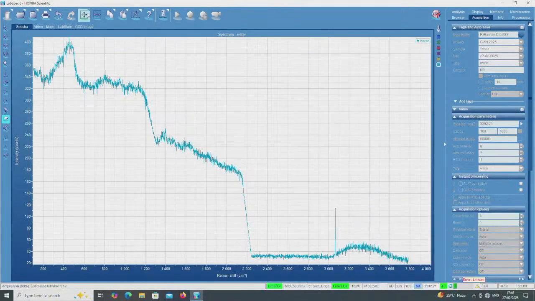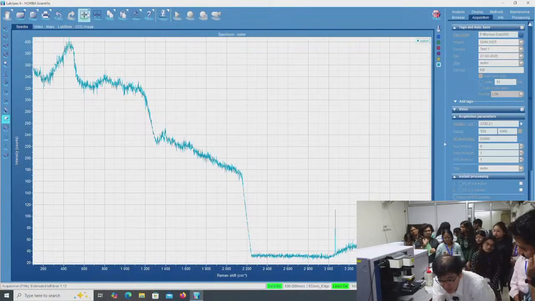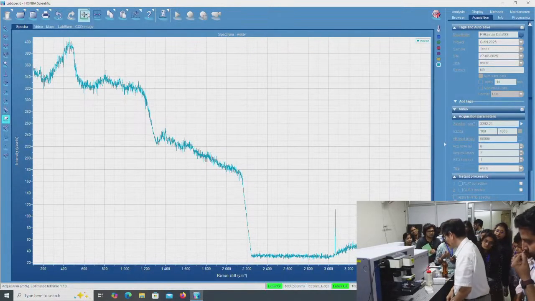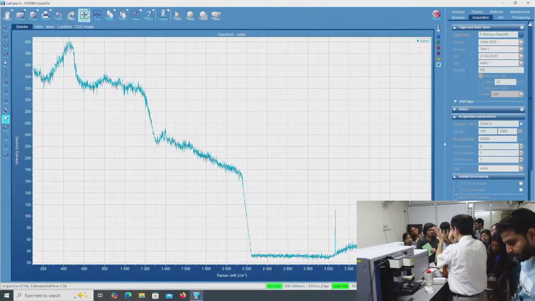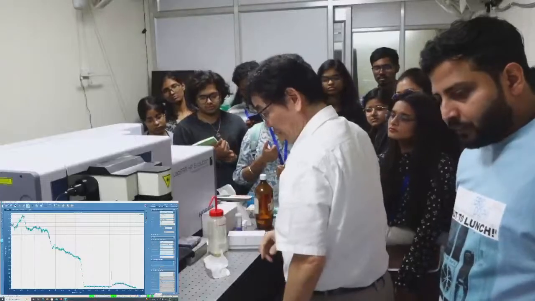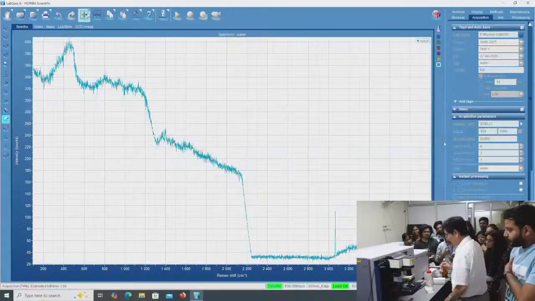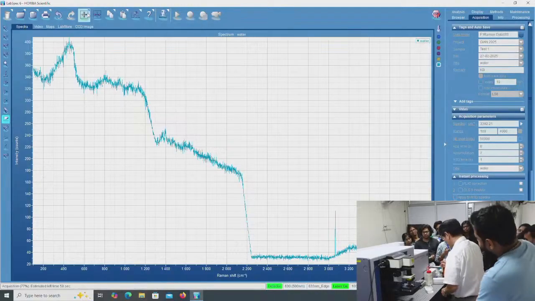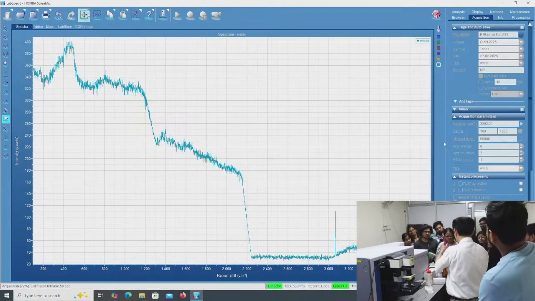So next time, let's set the accumulation to 1. What we need to do is set the focal point at the appropriate point, and this is not easy because the focal point is small.